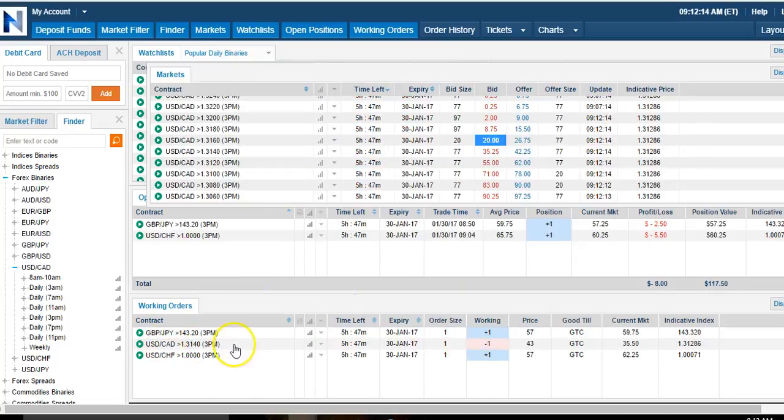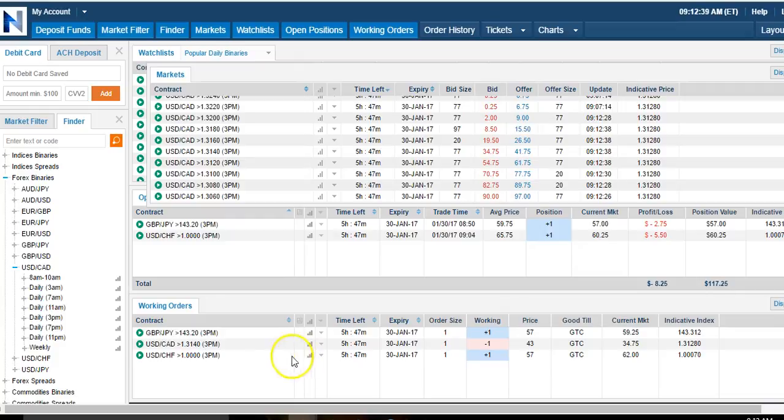So let me put that in here, the 43, again the max loss, place order, and you can see it here in the working orders. Let's say you place the trade and you just don't like it anymore, or you placed the wrong trade. Instead of this being a sell trade, it was actually supposed to be a buy trade, and you put a sell trade in as a working order.